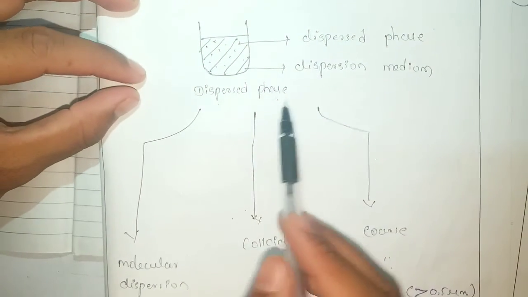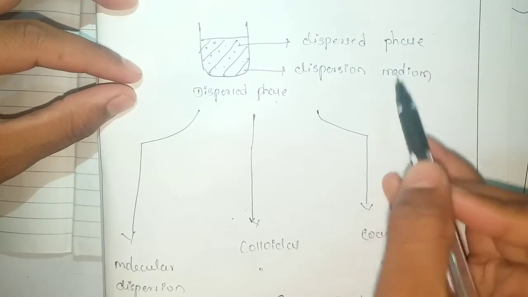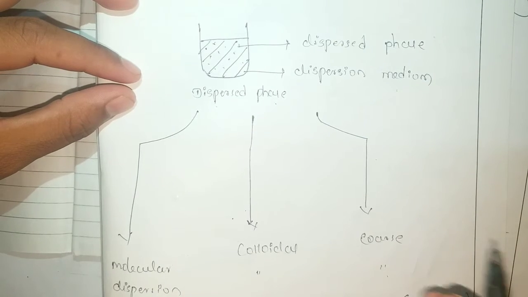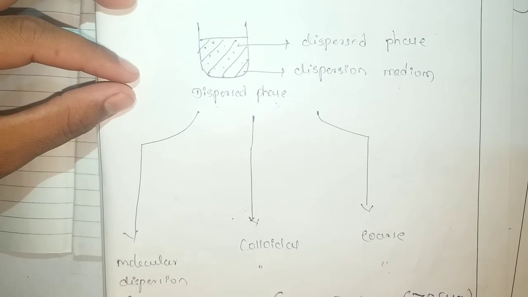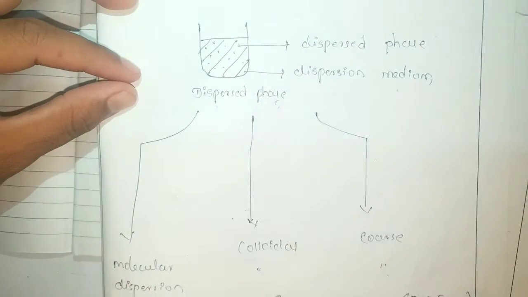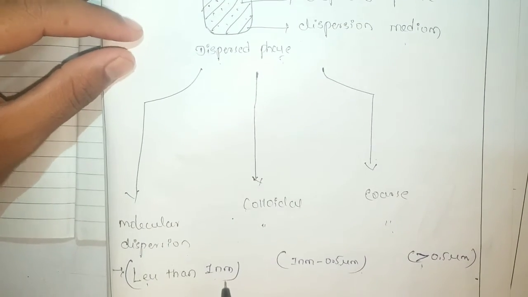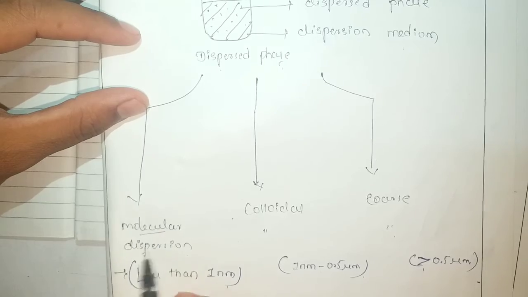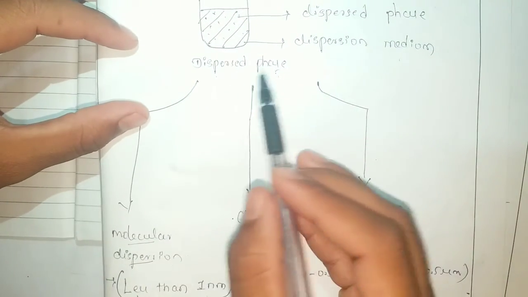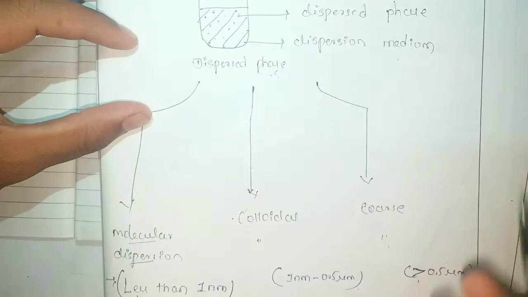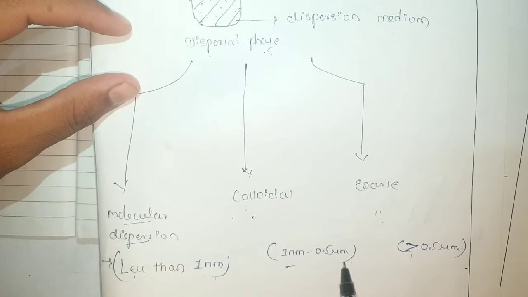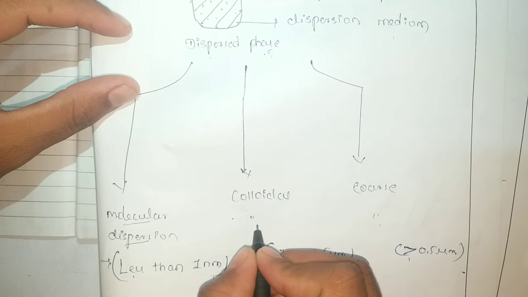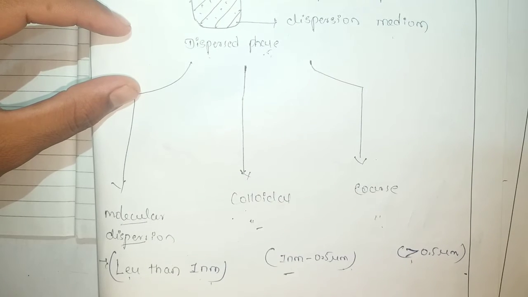In a solution, a dispersion medium and a dispersed phase are present. It depends upon the dispersed phase. If the size of the dispersed phase particles is less than 1 nanometer, we call it a molecular dispersion. If the dispersed phase, that is the solute, has a particle size of 1 nanometer to 0.5 micrometers, we call it a colloidal dispersion.